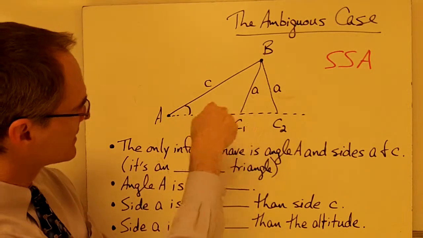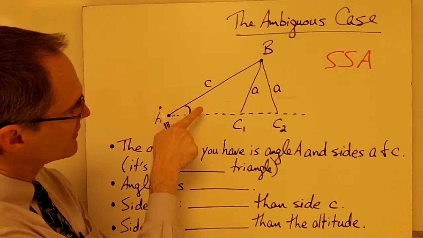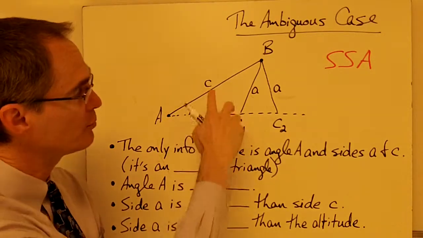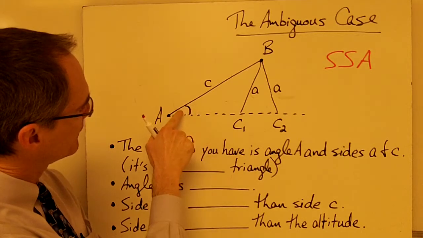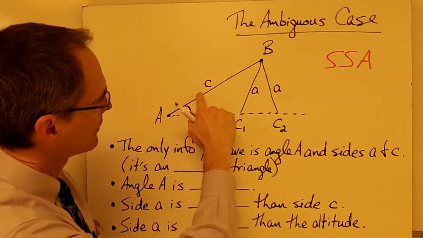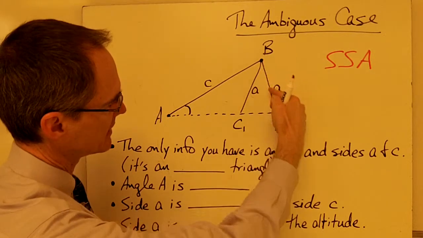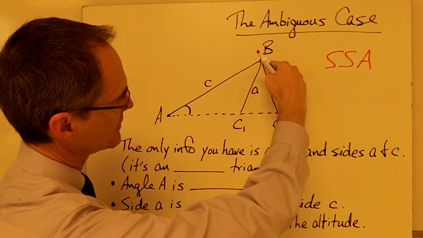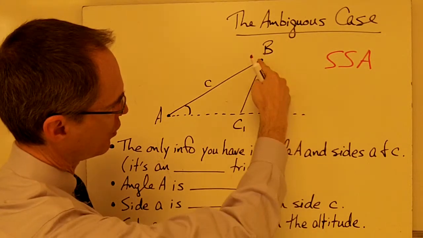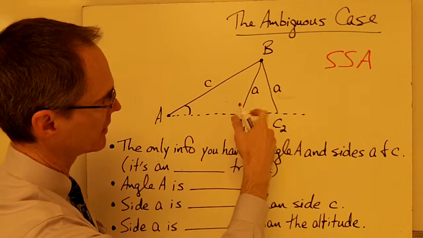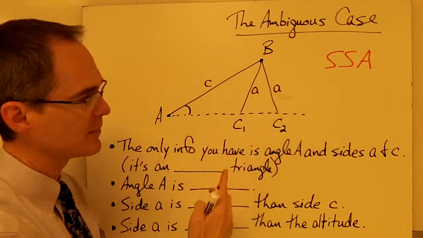If I have an SSA type of triangle, the reason this could potentially give me two possible solutions is because, notice, if I know the value of this angle here and the length of this side here, c, and if the side length a is this long, that side might end up being right here, or that side might end up being right here. In other words, both of these, side a, could give me two different triangles.